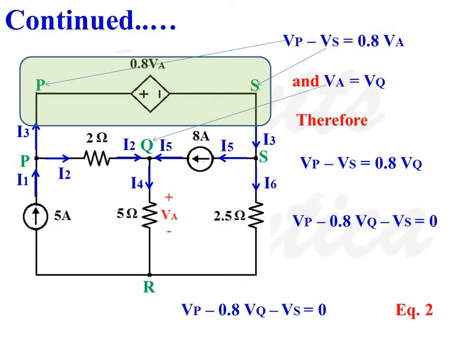Rearranging the terms, we can write Vp minus 0.8 Vq minus Vs is equal to 0, equation number 2.